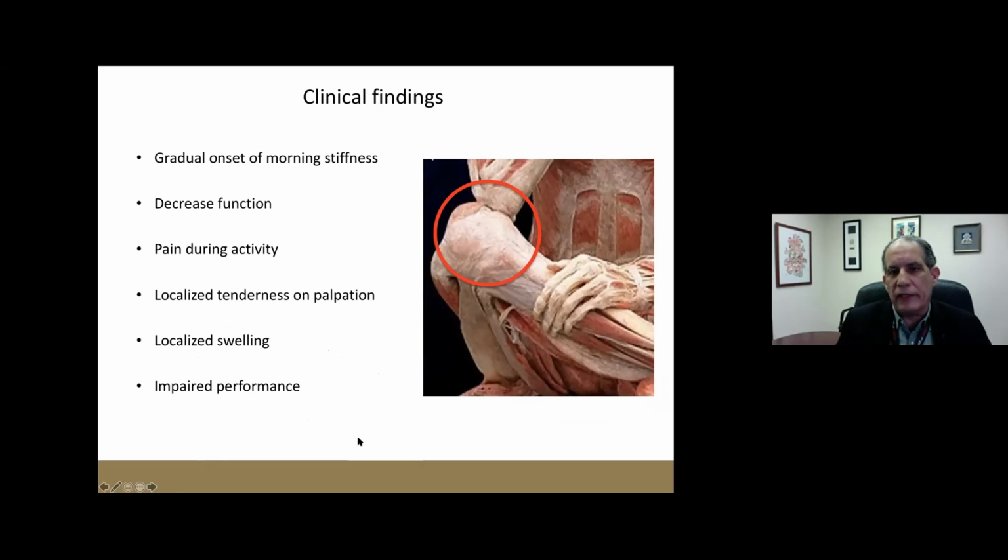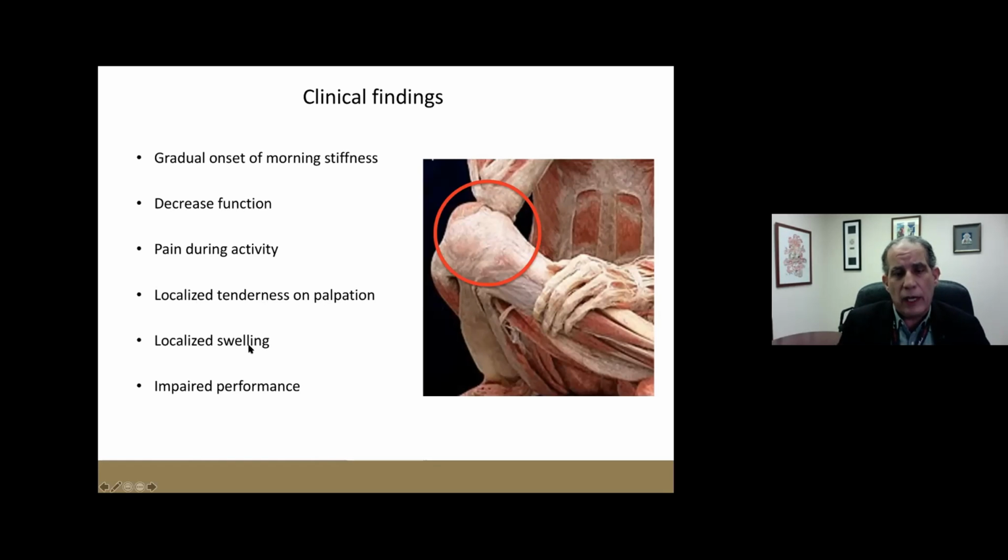The clinical findings are known to all of you. There's gradual onset of morning stiffness, and this really has to do with the fact that early morning, the temperature of the tissue is lower. There is a reduction in function. This is an important part of the definition. There is pain during activity, localized tenderness on palpation when you do the physical exam.